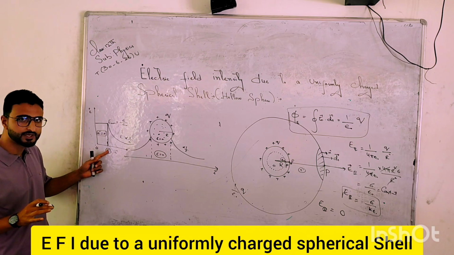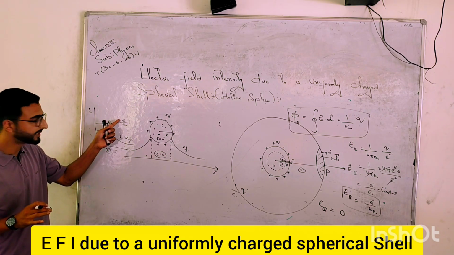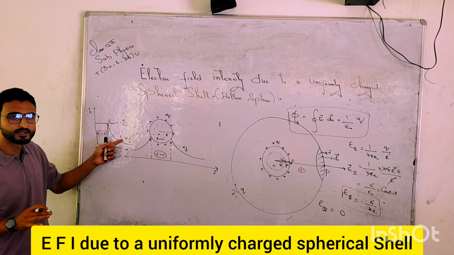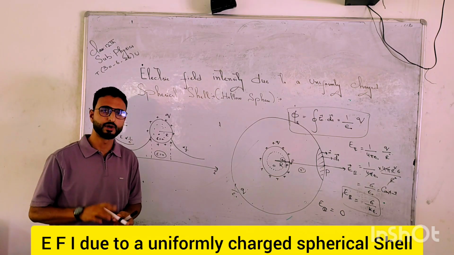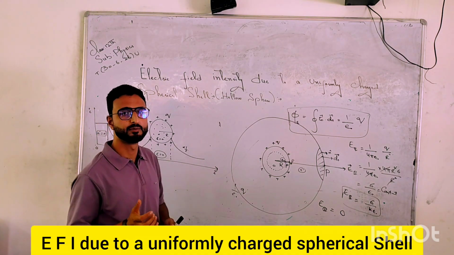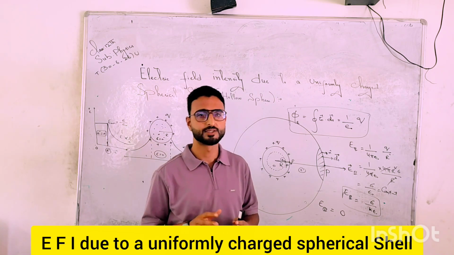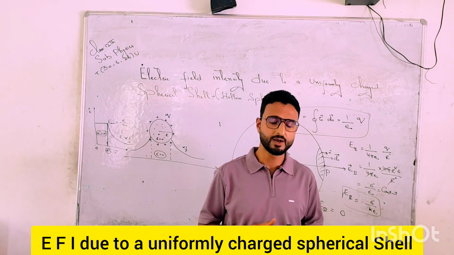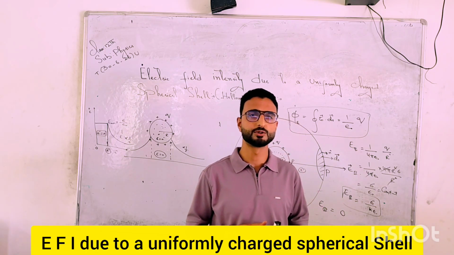Once you are on the surface of the shell, electric field becomes maximum. And you already know outside the spherical shell, this electric field decreases as per the inverse relationship. And for points outside the spherical shell, it behaves as if the entire charge is concentrated at the center of the spherical shell. So dear students, I hope you understood one of the applications of Gauss's law, that is how to find electric field intensity due to a spherical shell.